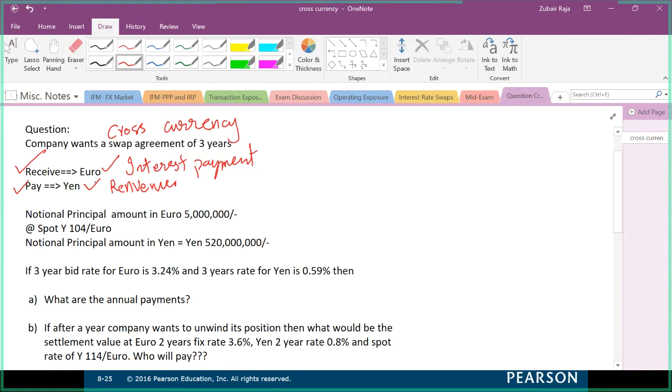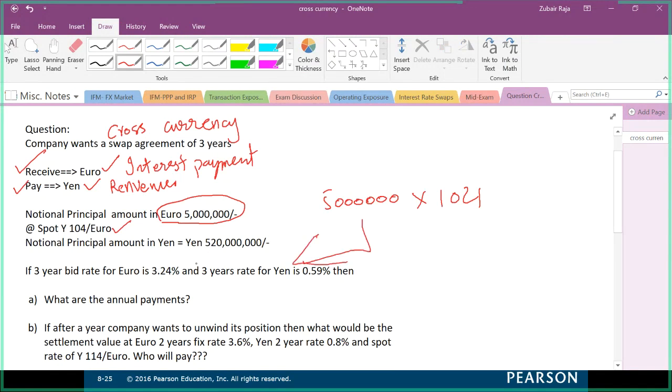Is it clear? Now, if they want to cover their interest payment over 5 million euros, and this is the spot rate, then what is the notional amount in the yen? The notional amount of the yen is simply 5 million multiplied by 104, and this will give you the yen.